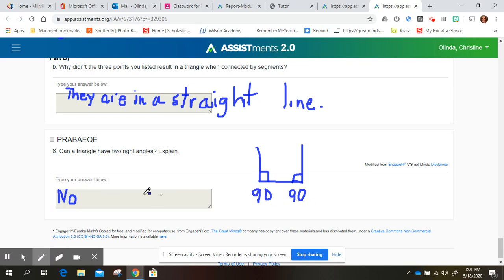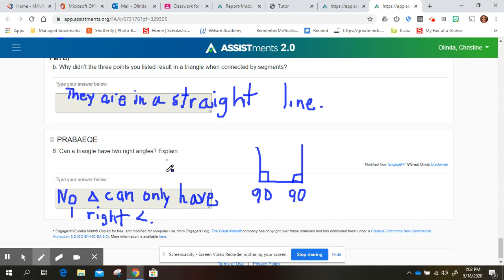So that's a lot for me to write with a pencil, but I could type that and I would say, no, triangles can only have one right angle.